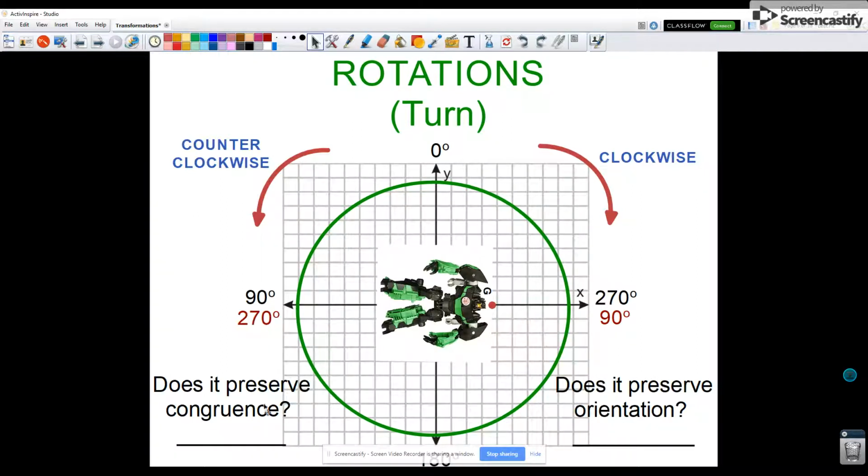Did Grimlock preserve congruence? Did he change size or shape? No, he did not. So therefore, yes, congruence is preserved. However, did he preserve orientation? Well, in the beginning, he was facing to the right, and now he's facing down. So therefore, no, he did not preserve orientation.